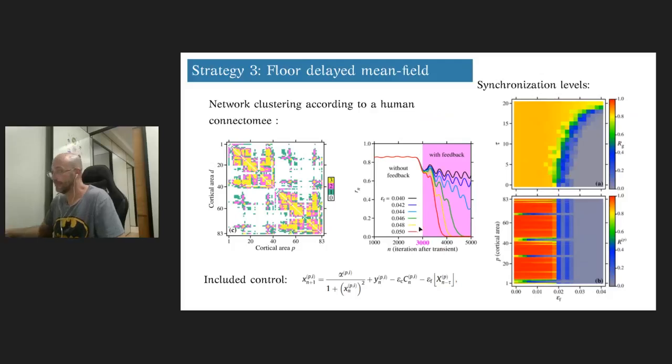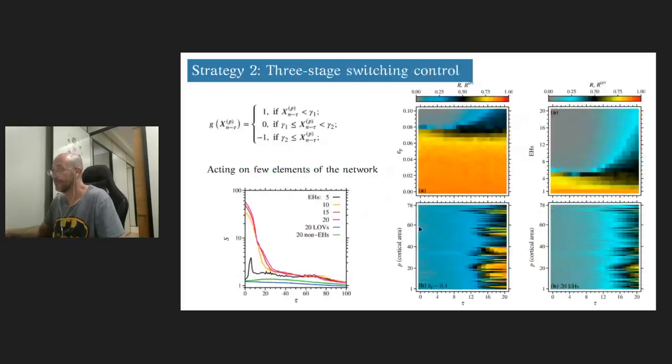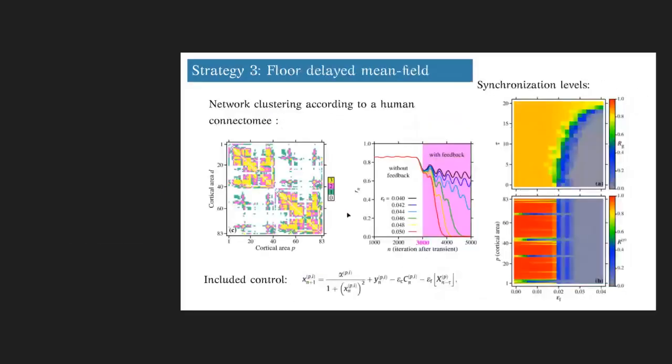So it's important to see that for the three-stage switch control, it's necessary that epsilon feedback is greater than 0.08, but acting on only 20 emitting hubs is sufficient to suppress the synchronization of the network.